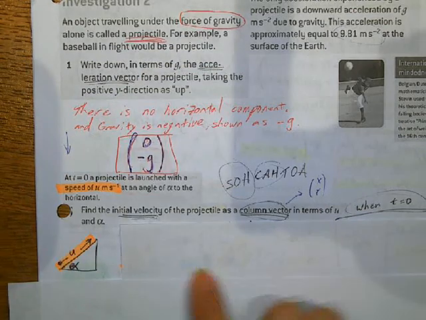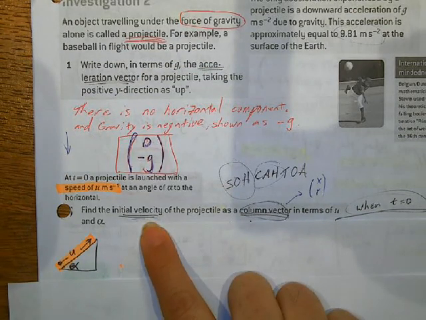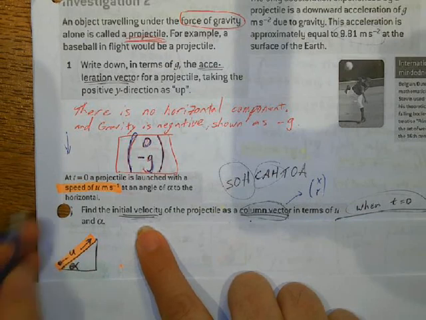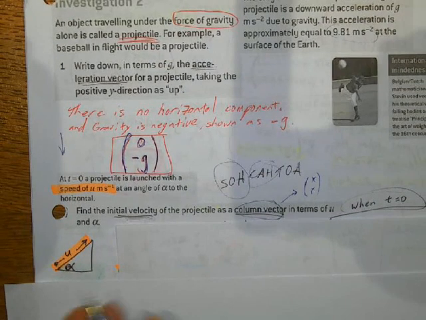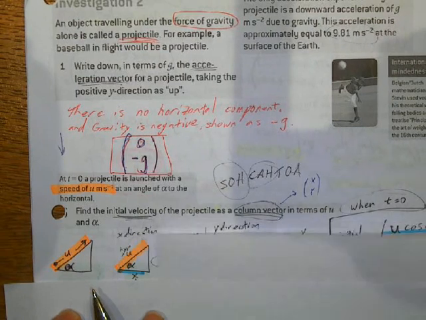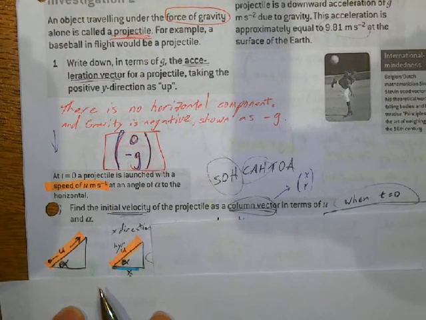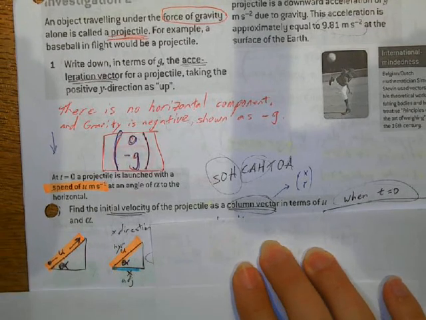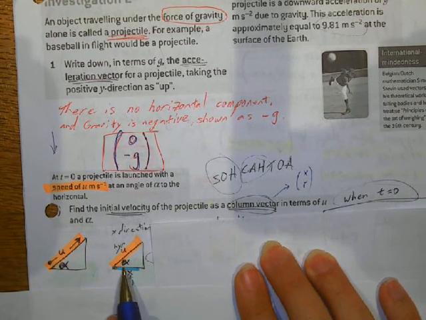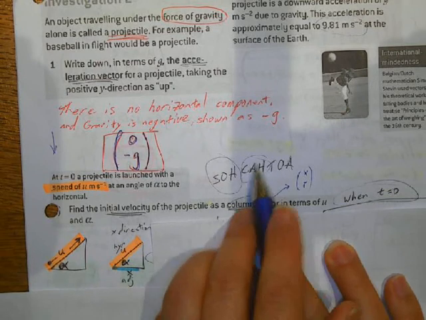And this u is our velocity. So in the x direction, going left and right, we can think of this as touching the angle, right? So that's our adjacent side, and this here is our hypotenuse. If I'm dealing with adjacent and hypotenuse, I'm going to be using cosine.